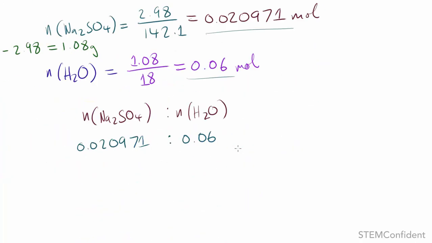So we really want to get this value on the left-hand side to be 1. The straightforward way to do that is to divide it by itself, and that's going to give us 1.